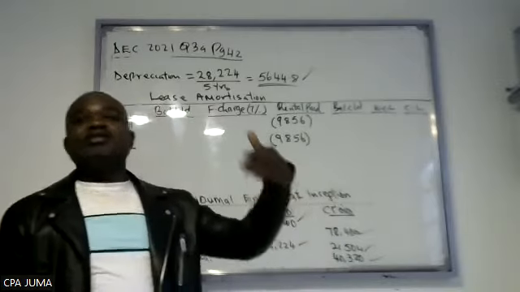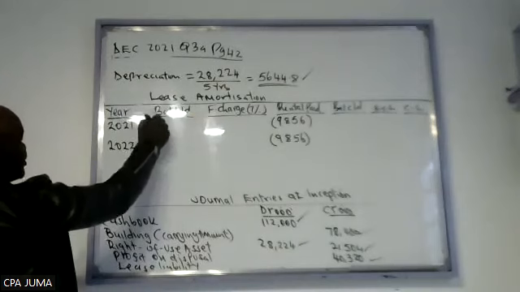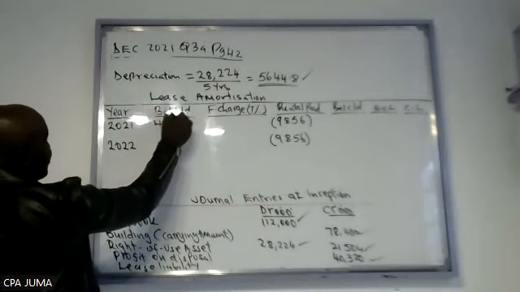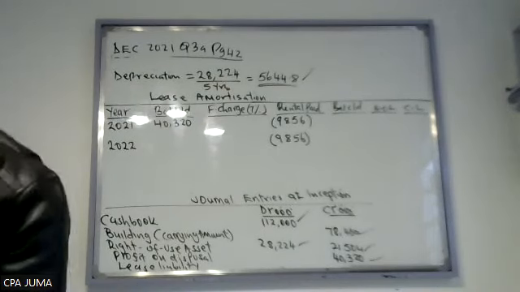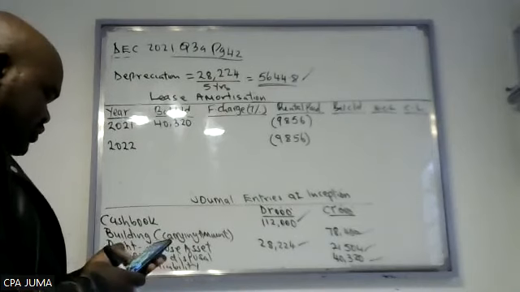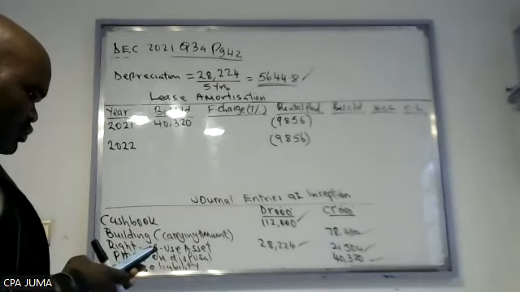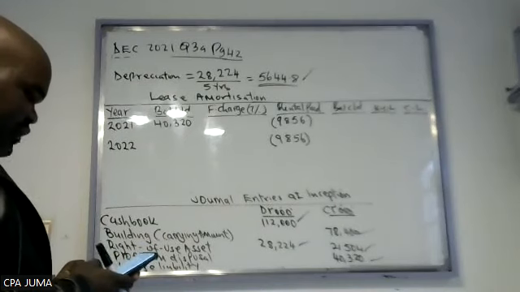You amortize the lease because the liability is what we are going to settle. So this is 40,320. So let me help there. So 40,320 times 7%.